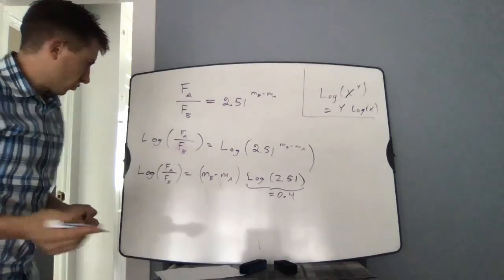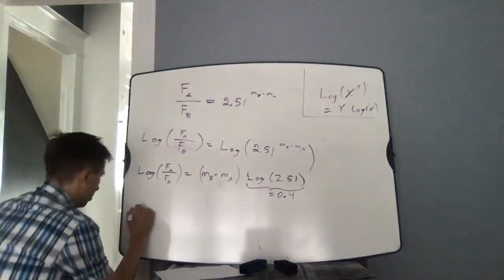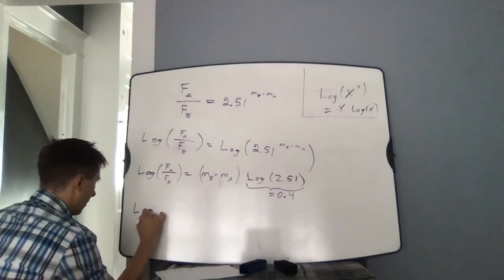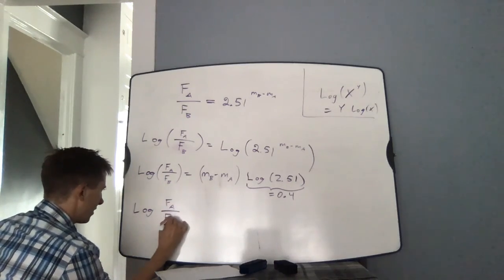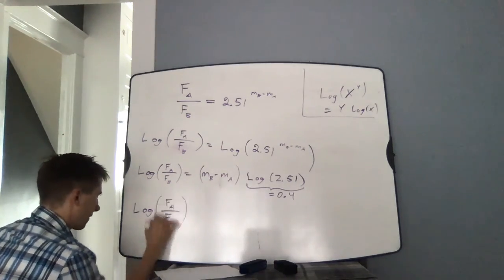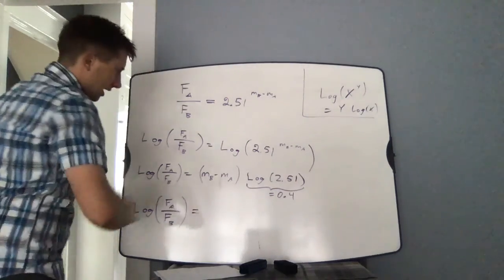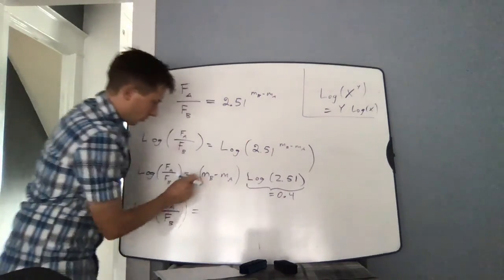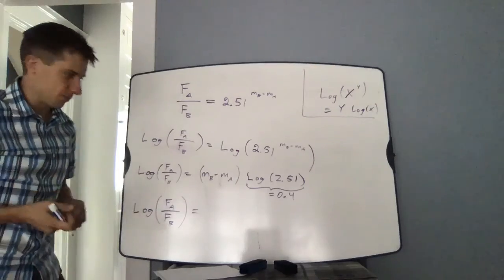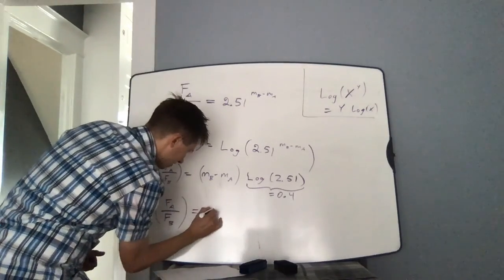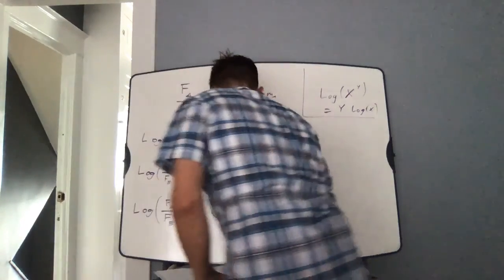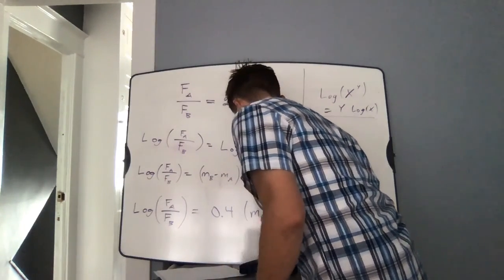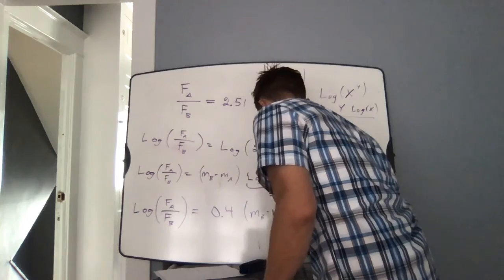So now I could write log of FA over FB is equal to, I'm going to put the 0.4 in front here, because it just looks a little neater in my opinion. So 0.4 times MB minus MA.